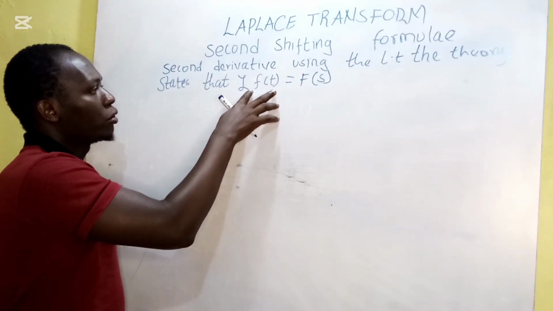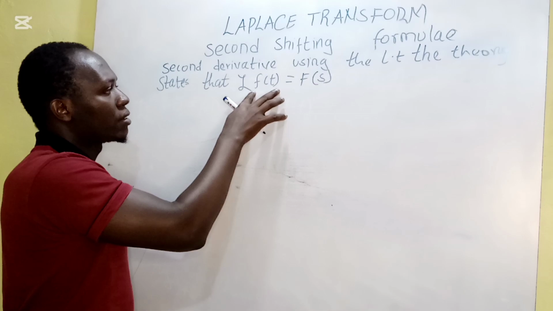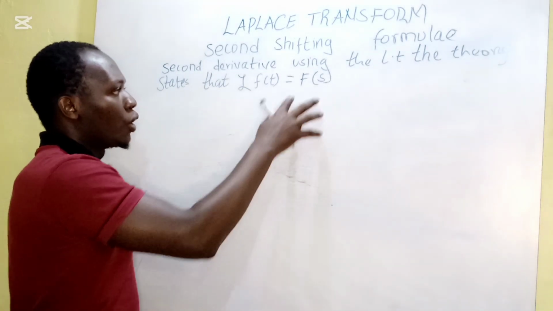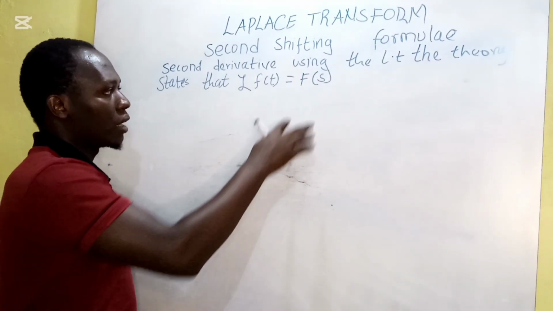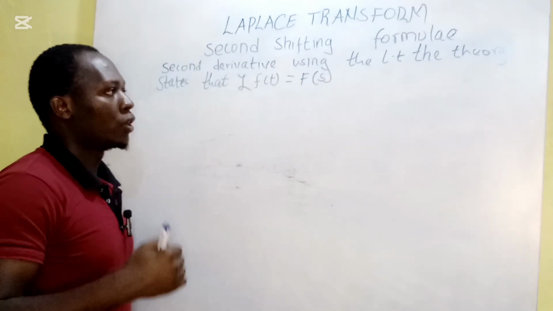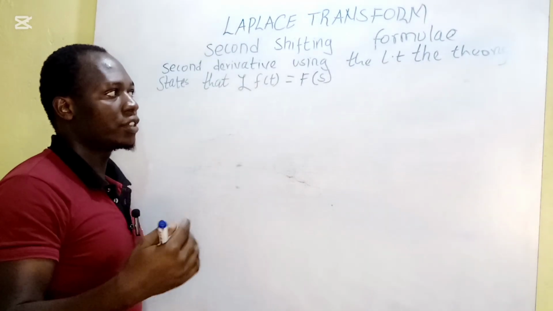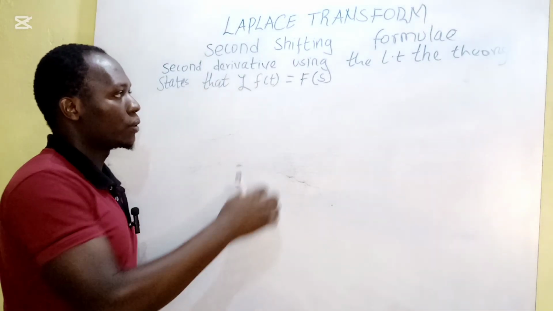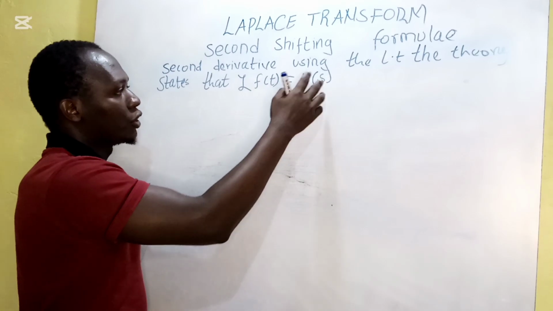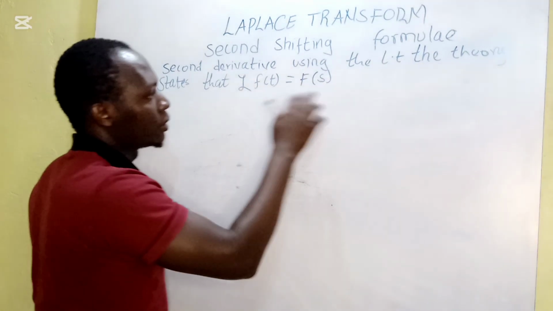To mean that we are going to convert the Laplace transform of a function of t into an algebraic function of s, since it is very easy to simplify our functions of s.